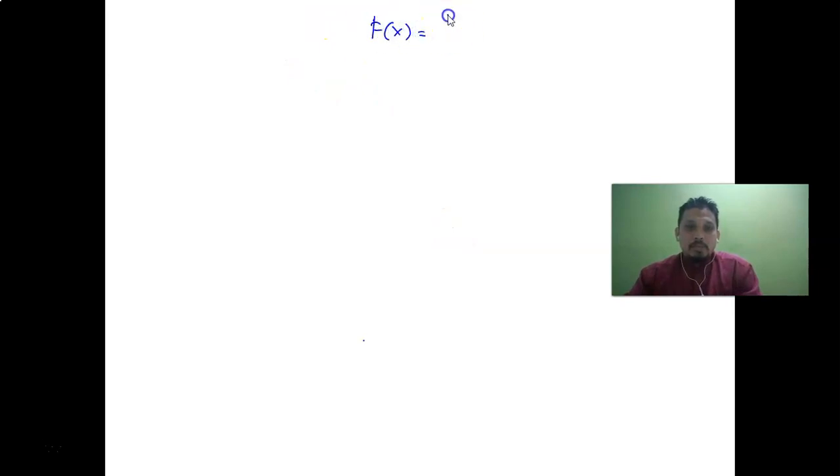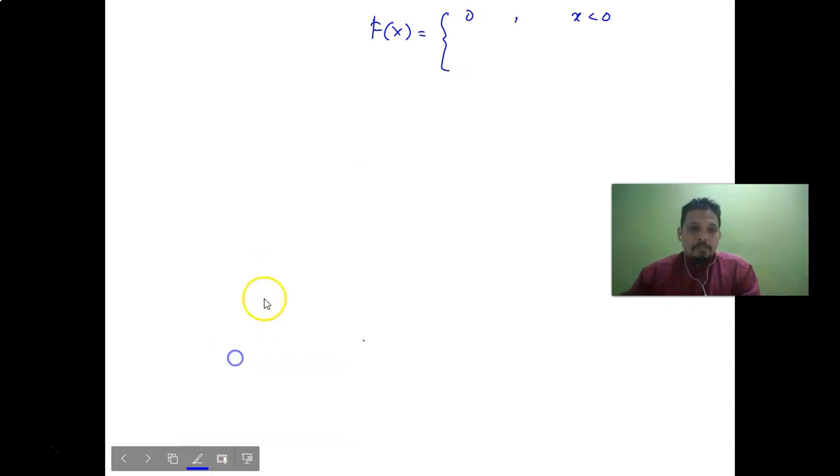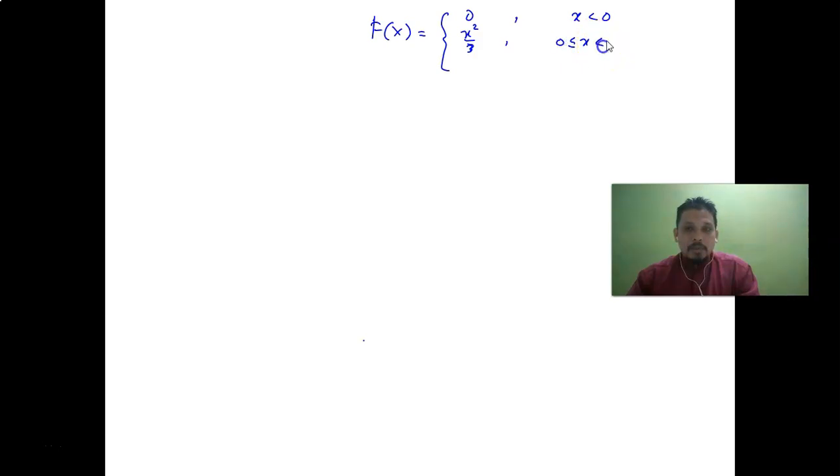F(x) equal to 0 for x less than 0, x squared over 3 for x from 0 until 1, and then x minus a(x squared) minus b for x in between 1 and 3, and then 1 for x greater than or equal to 3. Okay, this is a cumulative distribution function.